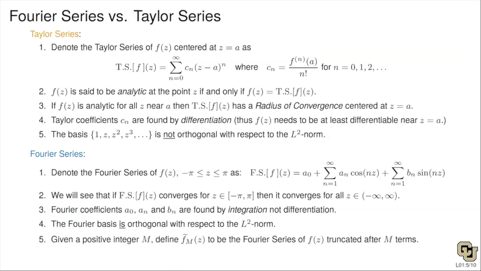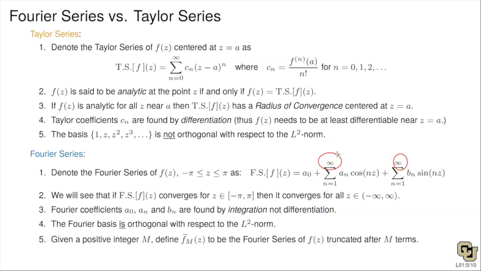Of course, in practice, we don't use infinitely many terms. We're only human, so we can't do that. In practice, we look at the Fourier series going to some, ideally large, number up here.